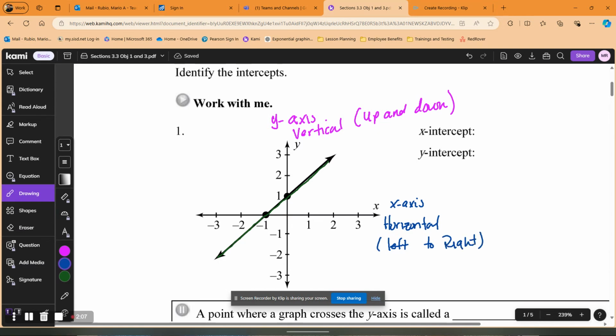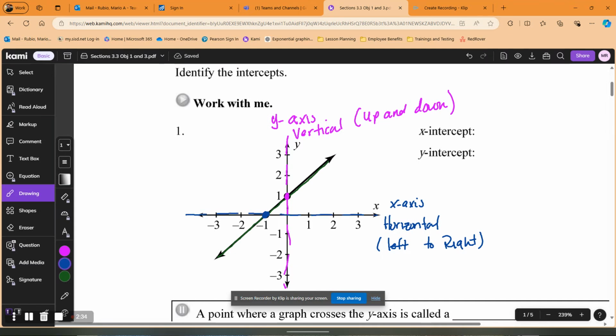So again, let's look at where this line crosses. Well, it crosses here at the x. So there's one intercept. And then we cross again on the y-axis. So the intercepts are either where it crosses this line or this line, the axis.